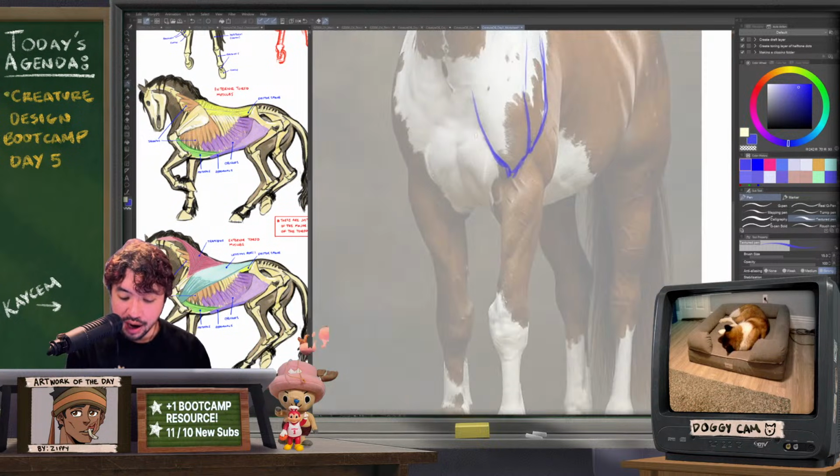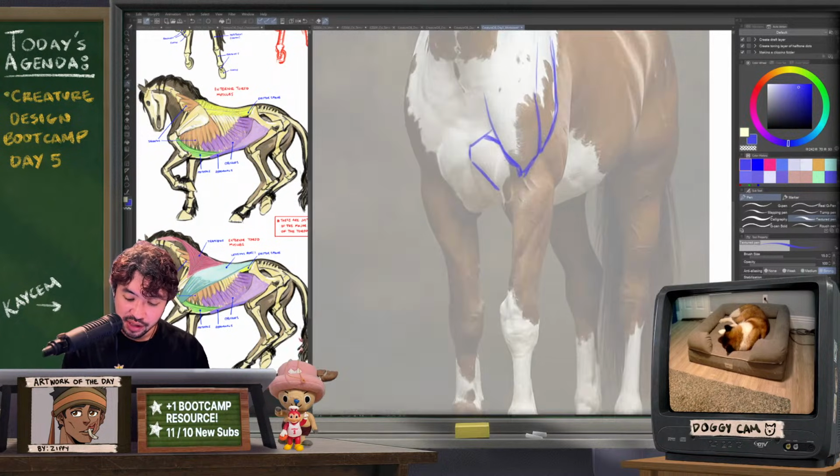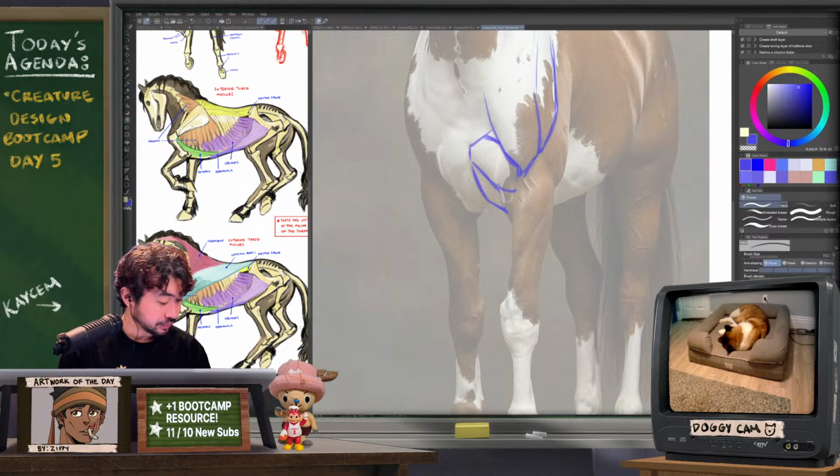This right here we didn't talk about yet, unfortunately, but the chest muscles are actually broken up into two sections, so maybe we'll save that for a different day. For now, we have the chest muscle right here, two parts.